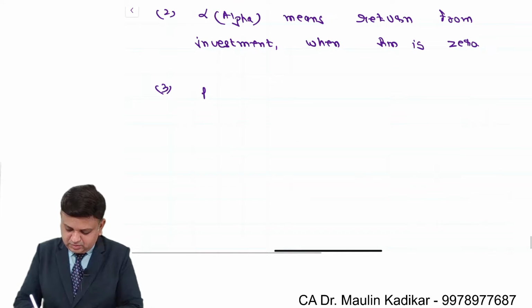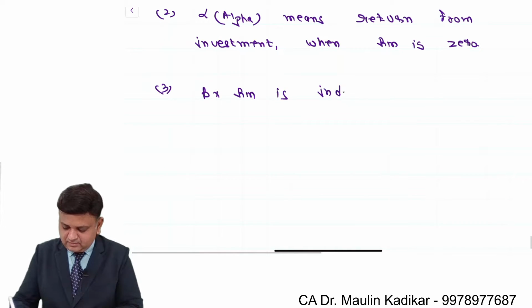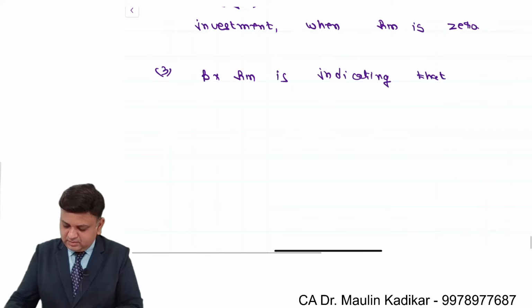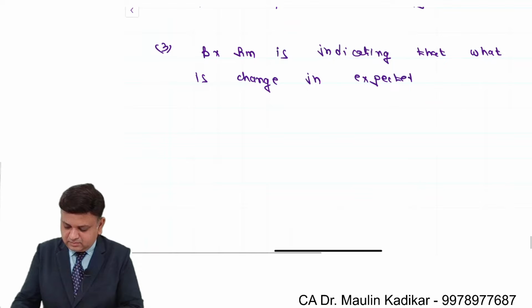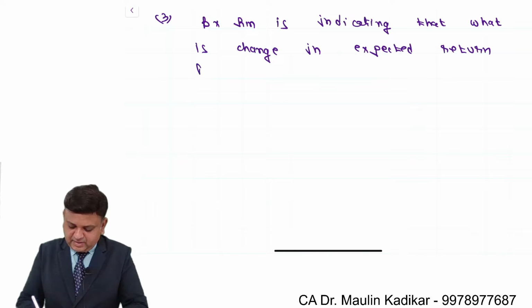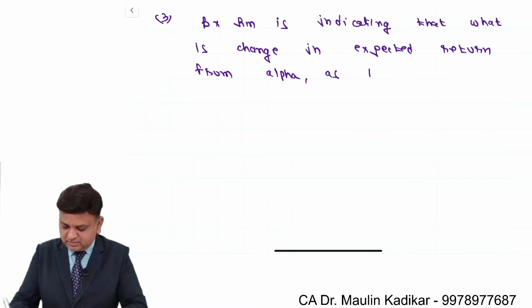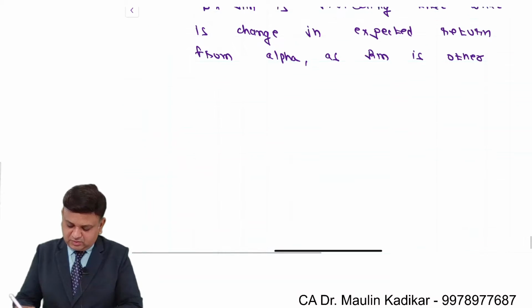Third, beta into Rm is indicating that what is the change in expected return from alpha as Rm is other than 0.